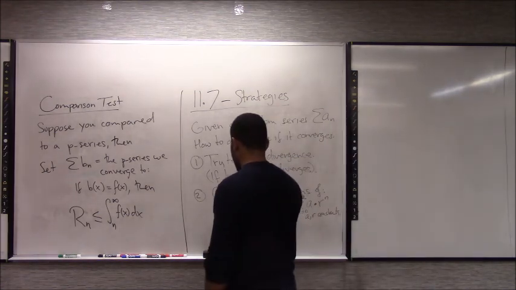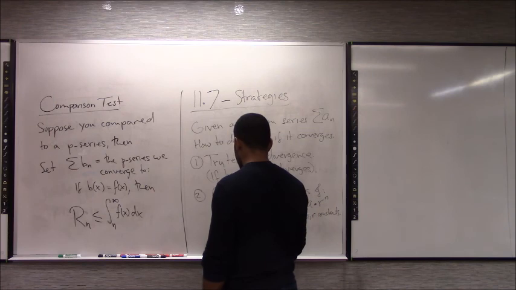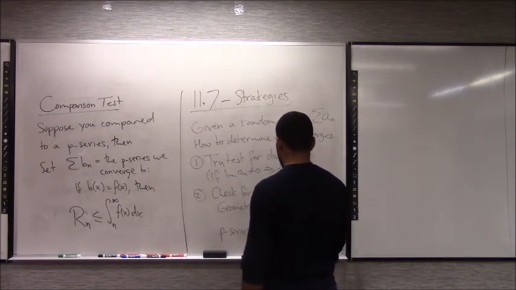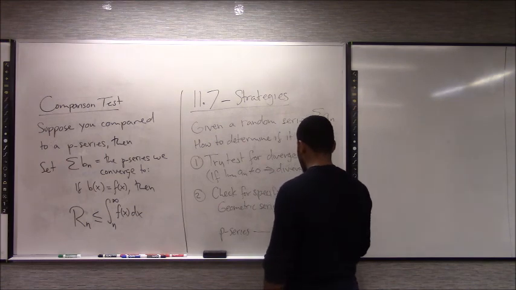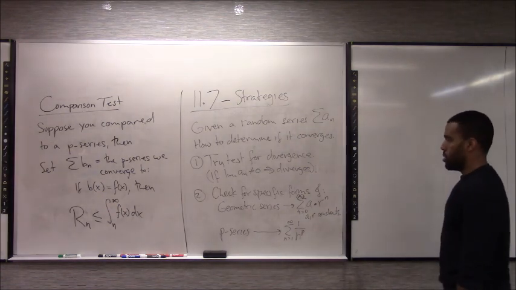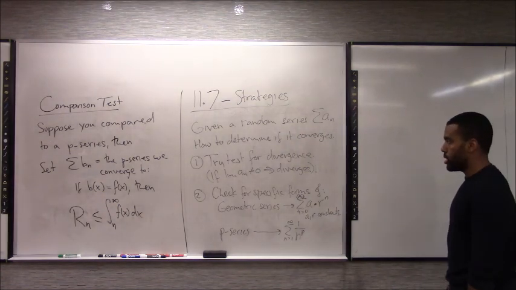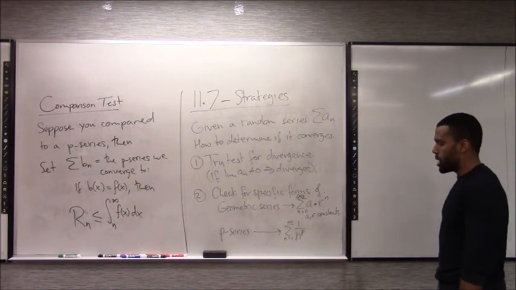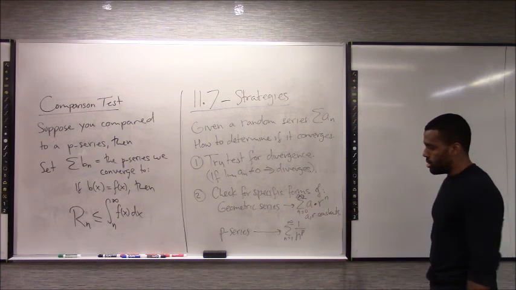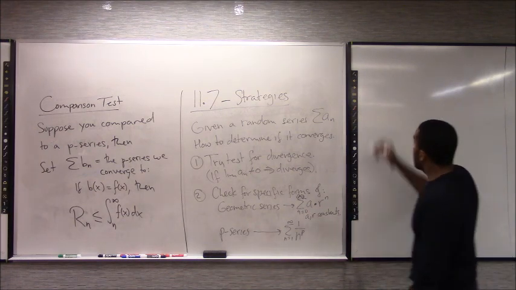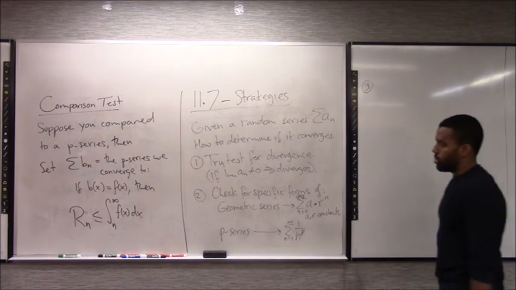Another very specific form that should jump out at you is the p-series form. That means your series looks like 1 over n to the p. So things like that should really jump out at you, maybe even before the test for divergence. If you see something that looks like a constant base raised to a power n, or 1 over n to some constant power p, those you can recognize pretty quickly. So that's probably the second thing you would look for.